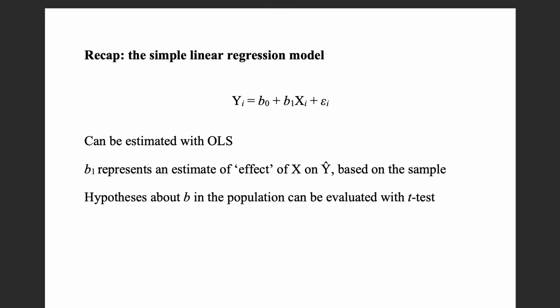So how can we do that? Well, we can do the classical statistical hypothesis test. So we can test hypotheses about values of the coefficient in the population, and we can test those with a t-test.